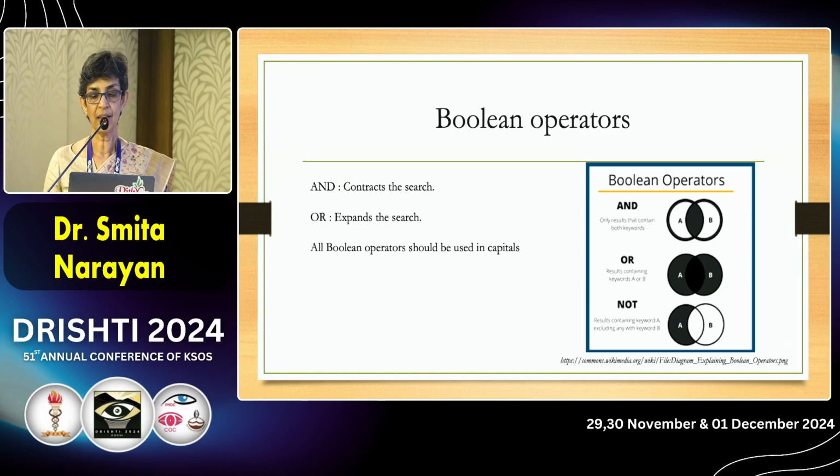In these Venn diagrams on the right side over here, you can see that AND actually contracts the search, whereas OR actually expands the search because you are getting articles which contain not only the individual keywords, but articles which contain both the keywords together. Sometimes when we do a search without adding a Boolean operator, PubMed automatically adds AND, and you will find that mostly that is added automatically.